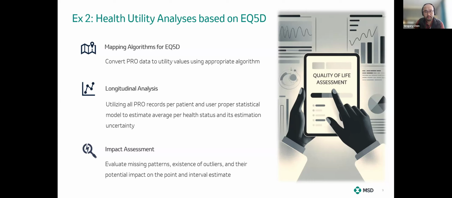For most of the longitudinal models, violation of the missing at random assumption and or the existence of outliers might have different degrees of impact. This again will require statisticians, economists, and possibly clinical experts to sit together to discuss the degree of violation and if there's a need to plan for sensitivity analysis to provide a complementary perspective.